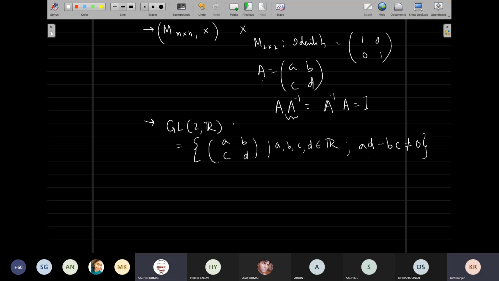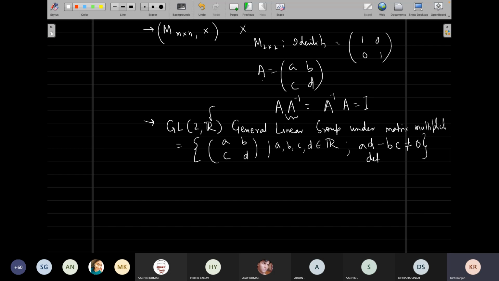Remember, this is the determinant of this 2 by 2 matrix, so the determinant should not be equal to 0. And this is what is called the general linear group G under matrix multiplication.